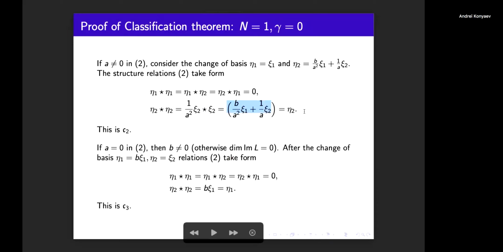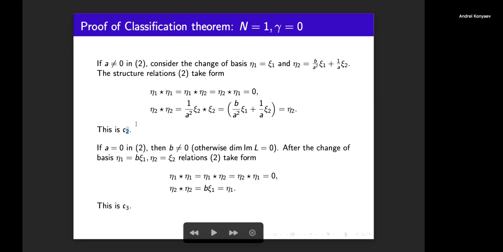So after this coordinate change, we see that we killed off all the constants in the case of a is not 0. See, we get all those three, and eta2 times eta2 equals eta2. Okay, this is exactly the C2 algebra.